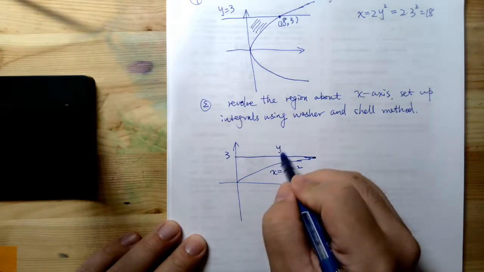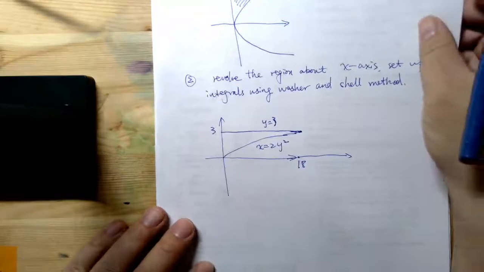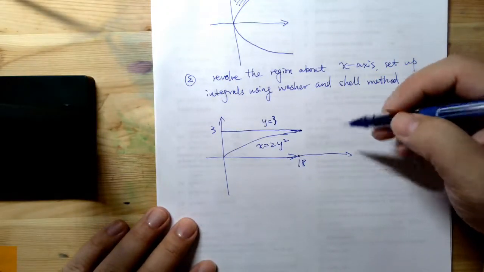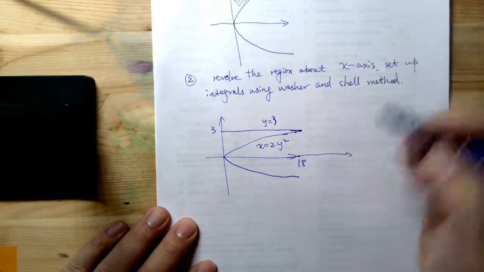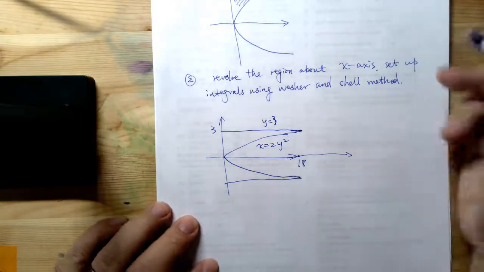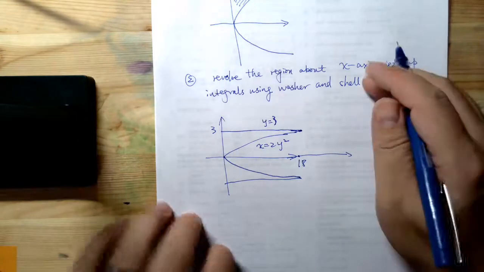This is y equals 3. If I revolve about the x-axis, it's going to be something like this. Okay, if you do the revolve.